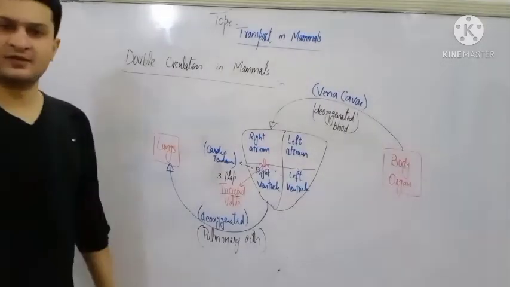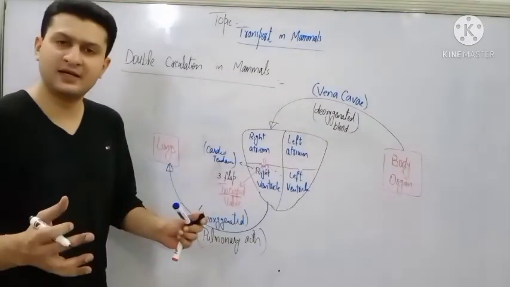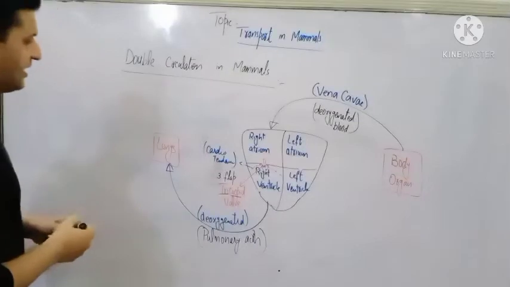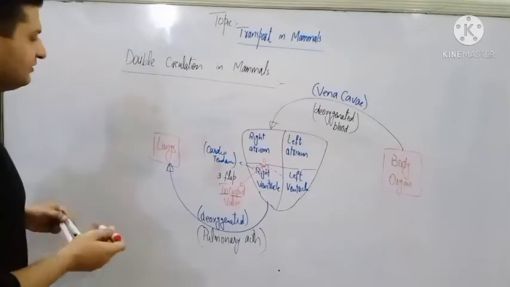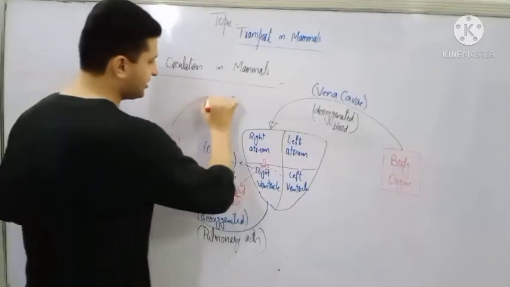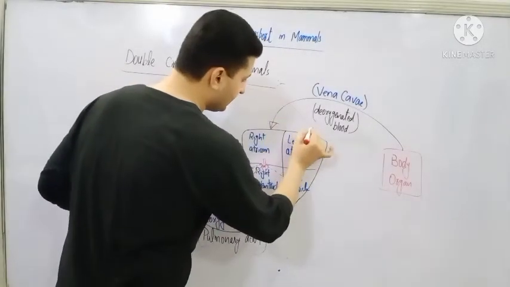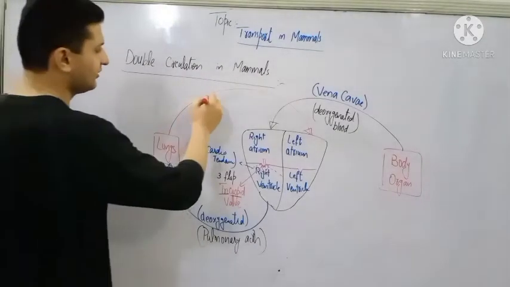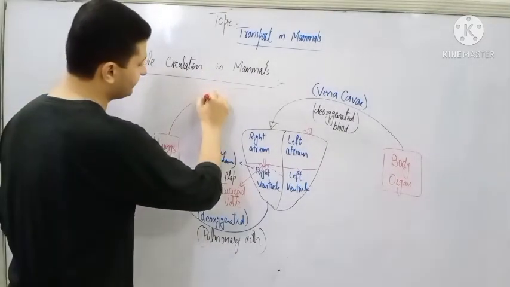Now from the lungs the blood carries oxygen, so this blood is oxygenated, and oxygenated blood moves to the left atrium.